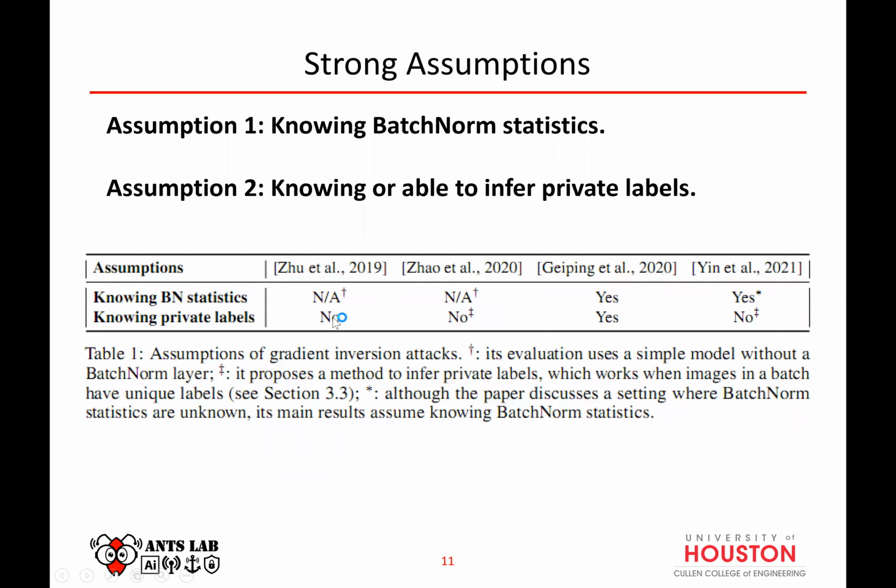No, they don't know all the labels. The first method just uses dummy generated labels, but in the following three methods, they can infer the label information according to the gradient. But they assume that each sample in the batch has a different label from each other.